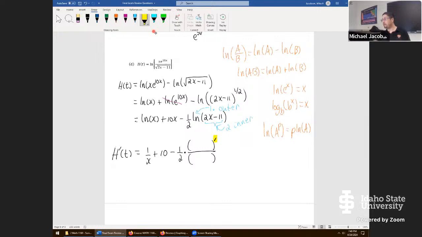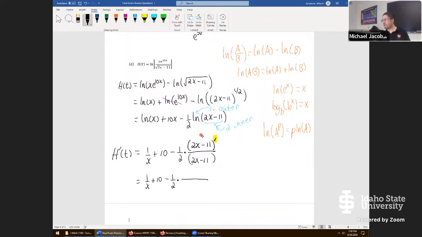Don't forget the prime symbol in the numerator because there is still one extra step. Now, take your inner function and copy it into both of those open placeholders. 2x minus 11 goes here, and here as well. So we're nearly done, folks. We just need to resolve this last derivative. The whole answer turns into 1 over x plus 10 minus 1/2 multiplying.